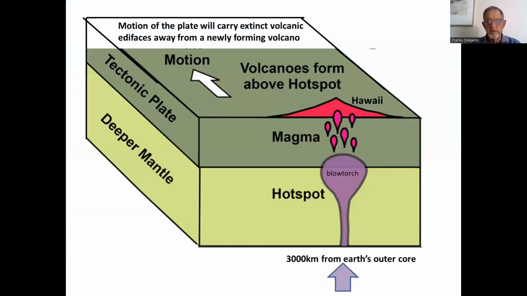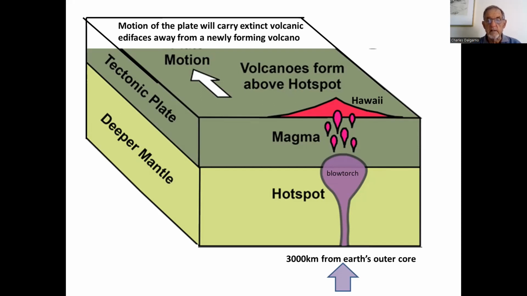And this is the process. So from something of the order of 3,000 kilometres down from the Earth's outer core, you have a blowtorch-like heat plume, which is affecting the bottom of the plates, creating magma, which is rising. In this case, we've got Hawaii written beside it, or we could call that a Reunion in this case, and that gives rise to the active volcano, or volcanic centre.